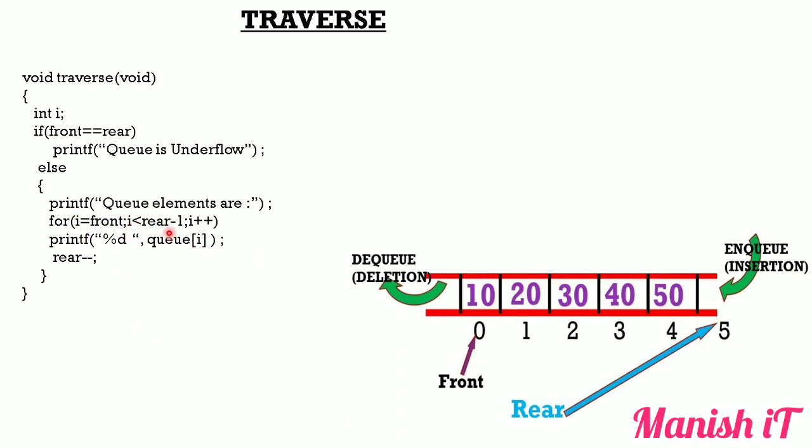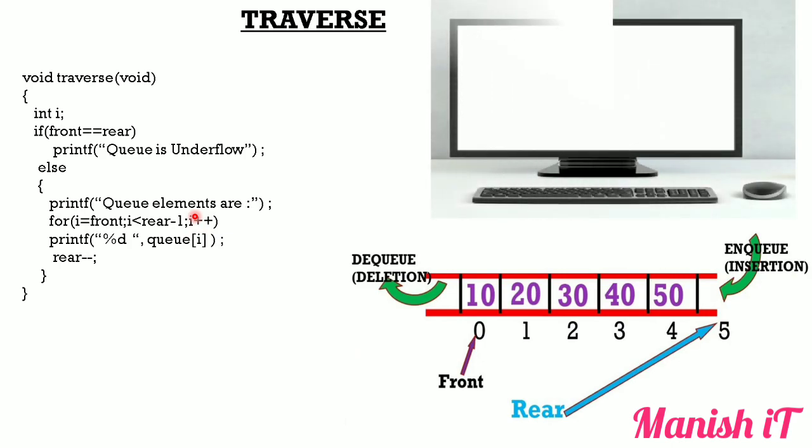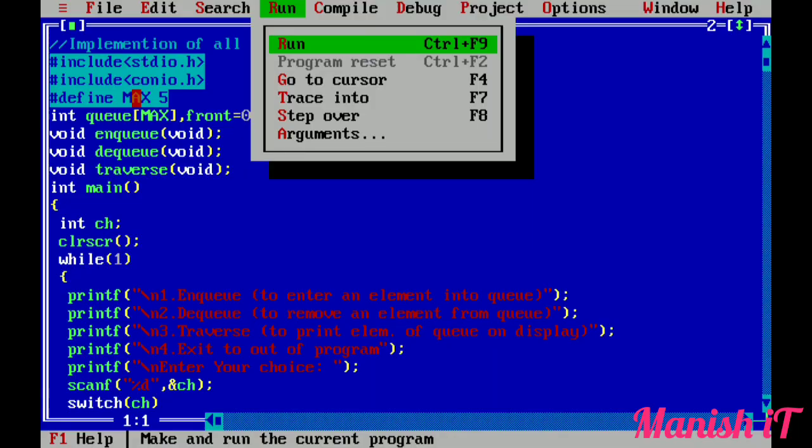The execution starts, i is incremented, and the elements are printed. So see how it looks on our console screen. After printing all the elements, the queue elements are 10, 20, 30, 40, 50.